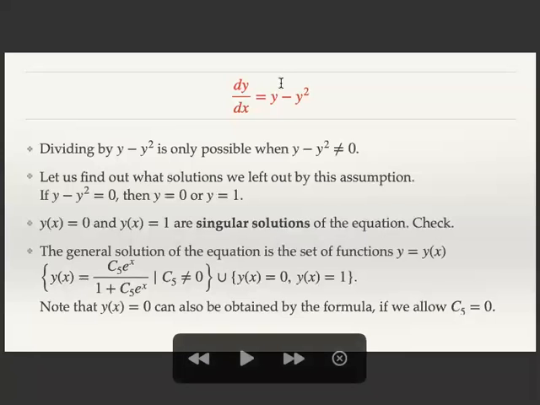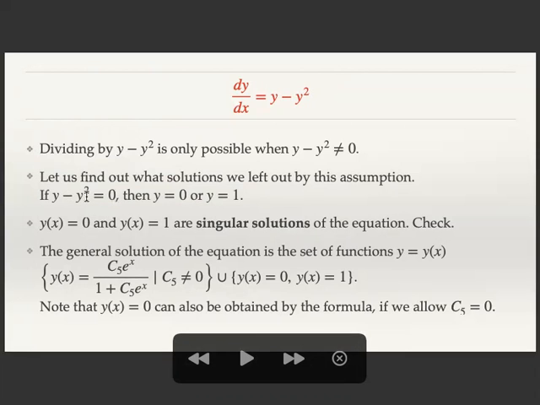So now, exactly the same as for the other equation. In the first step of our solution, when we divided by y minus y squared, we missed a couple of solutions because we can only do this when y minus y squared is non-zero. So separately, we need to consider the case y minus y squared is equal to 0.